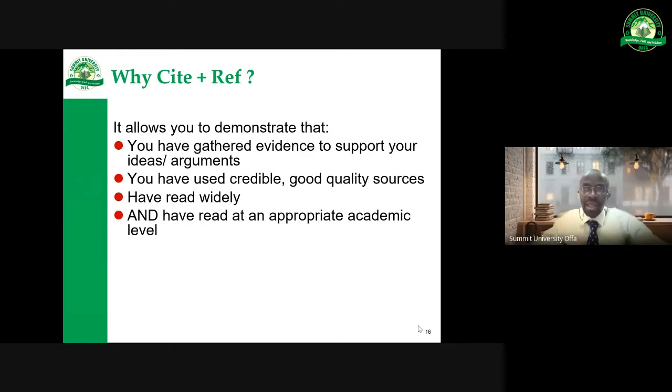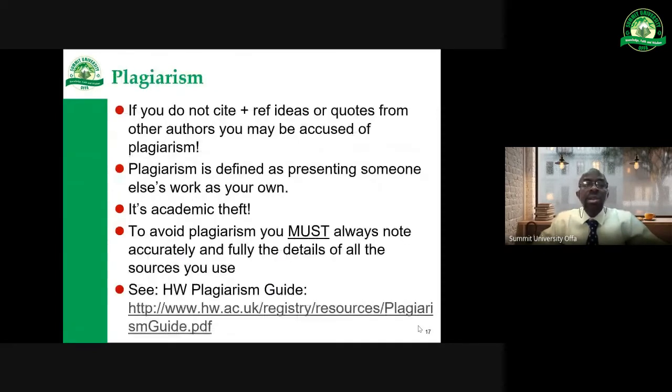As mentioned on that day also, we should not be fixated on the number. We just mentioned it as a guide. So don't say it must be this. No, just suggestions. So at an appropriate academic level, that's important.